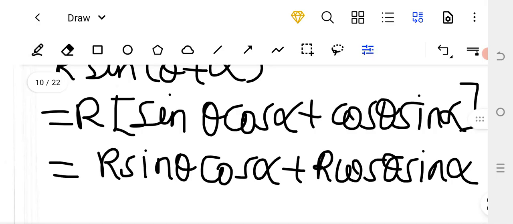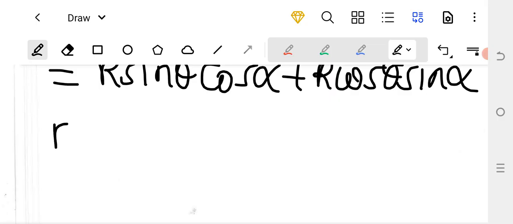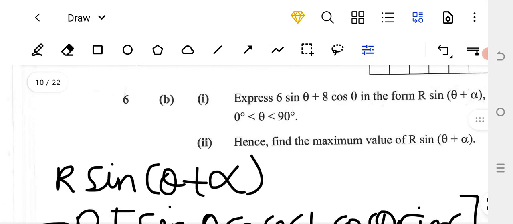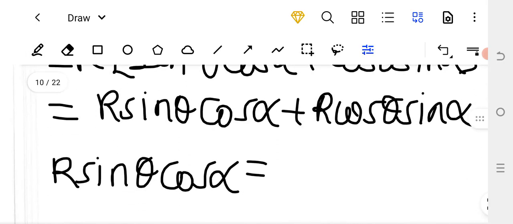Then to continue, we are going to say r sine theta cos alpha is equal to what they gave us in the question, equal to this part having sine. So it's equal to 6 sine theta.